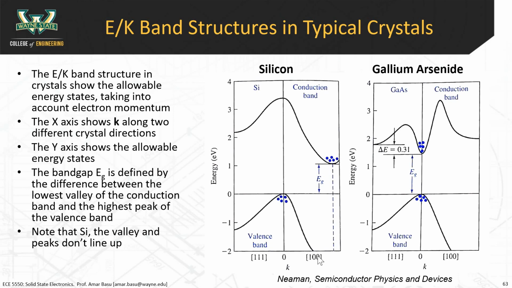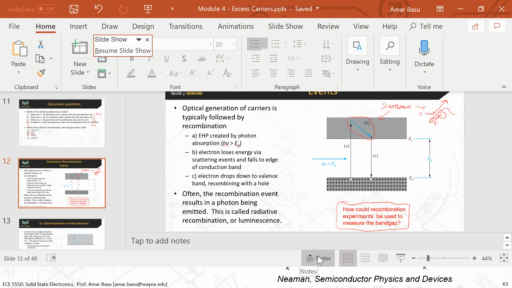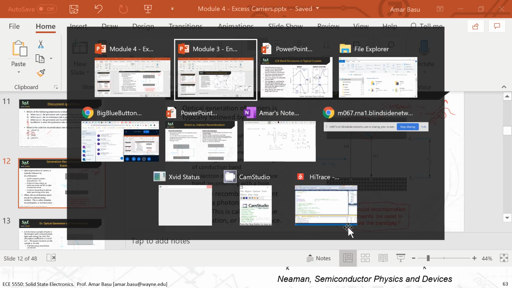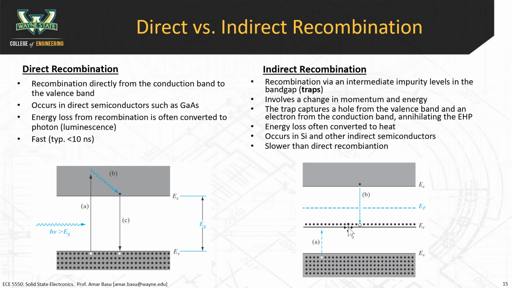The way that it's represented in an energy band diagram is like this. We'll go over each one in turn. The direct band gap is what you saw earlier.